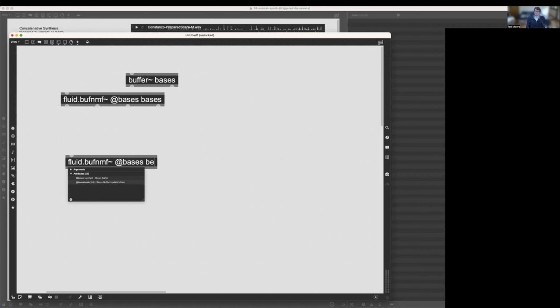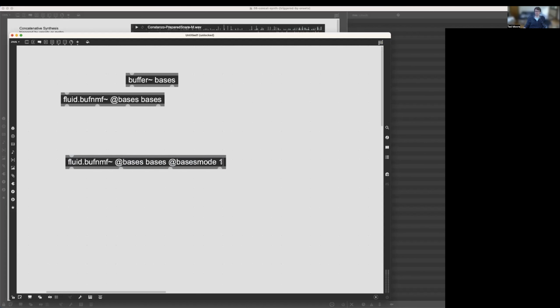At bases is this buffer bases, but now we want to say bases mode is 1. And this is specifying that this bases buffer that I'm giving you contains the information that I want to seed the process with. This is now my seeded bases buffer.